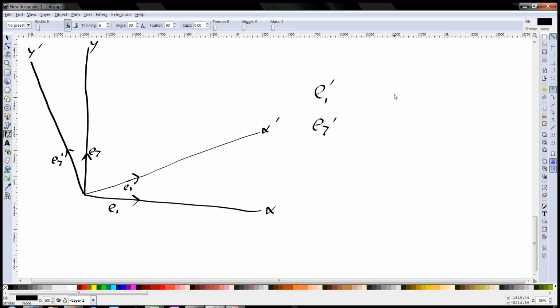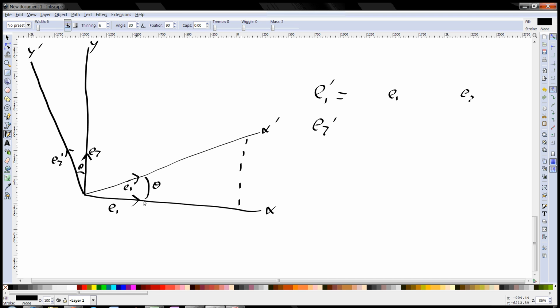So just like before, where we had E1 and E2, now we are looking at the x-axis being rotated some angle theta, as well as the y-axis being rotated some angle theta.